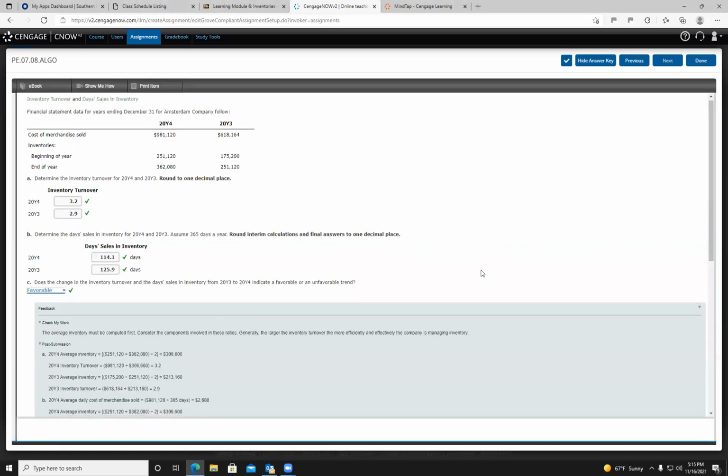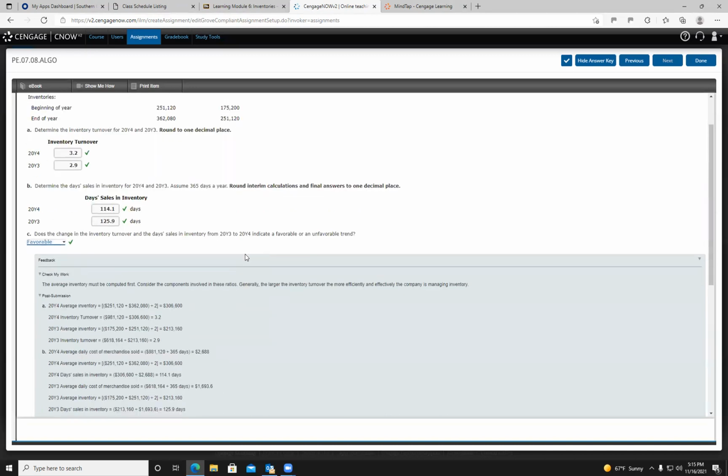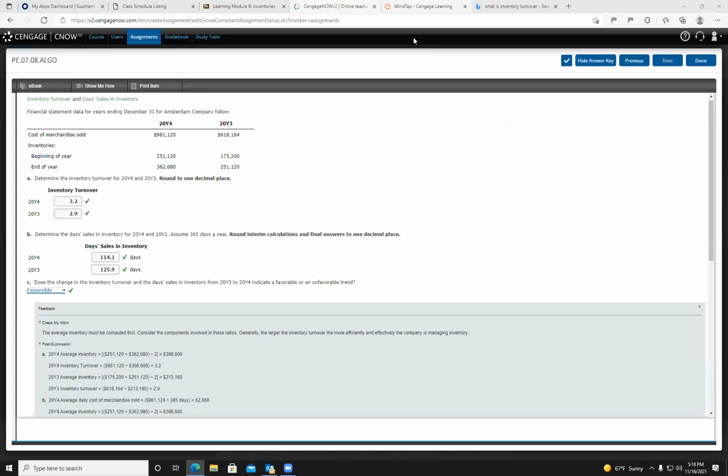All right. Now, this is talking about financial analysis, and we have two analyses that we use for inventory. We have inventory turnover and then days sales in inventory. Okay. So let's look at inventory turnover.